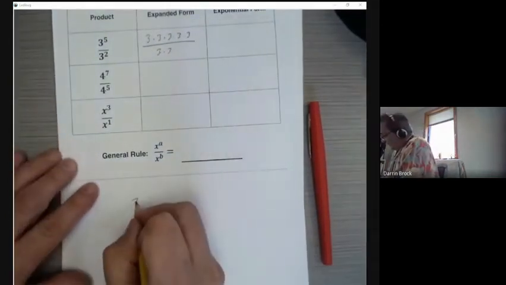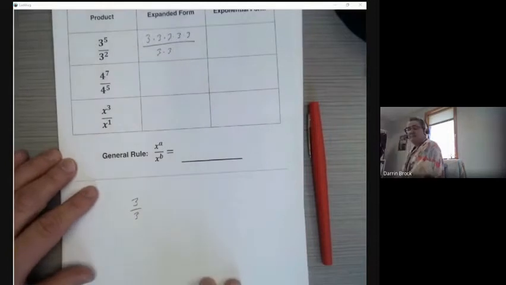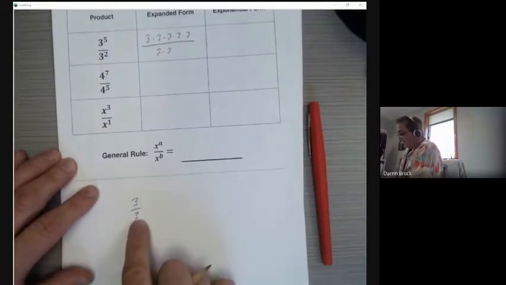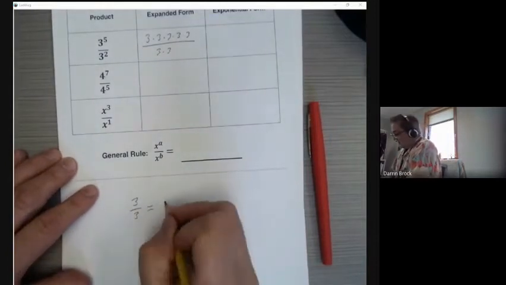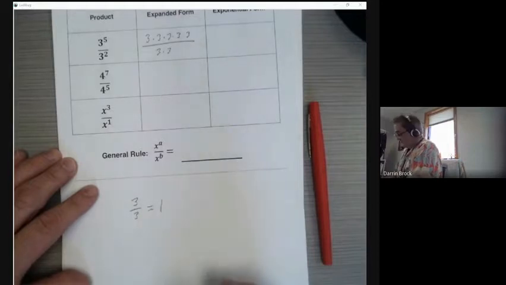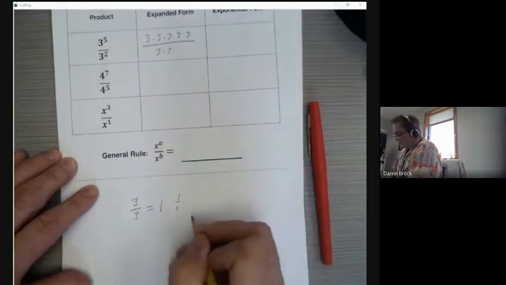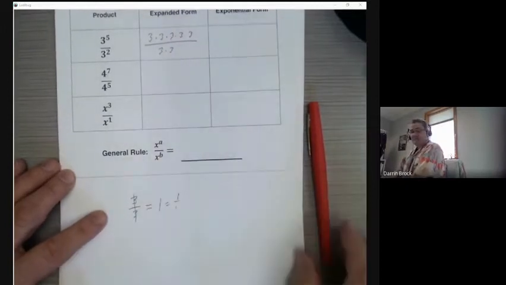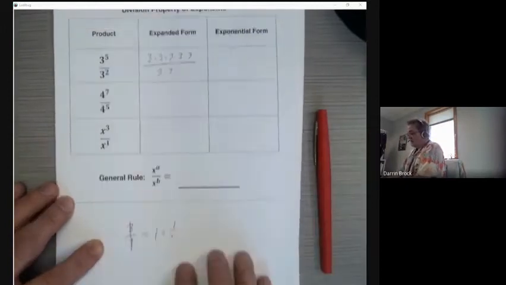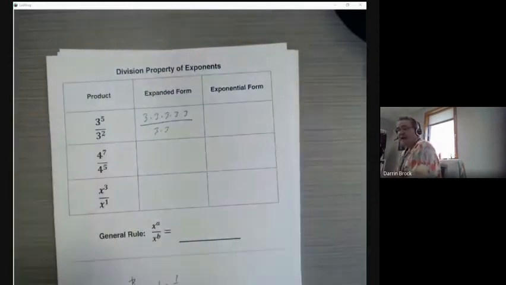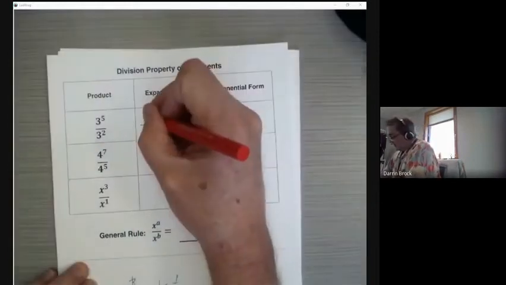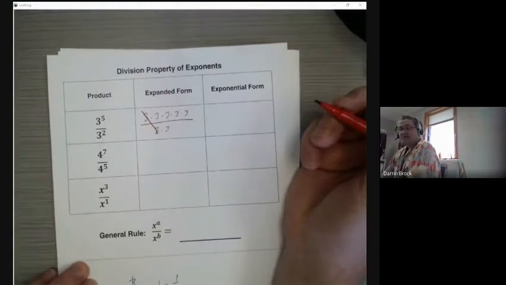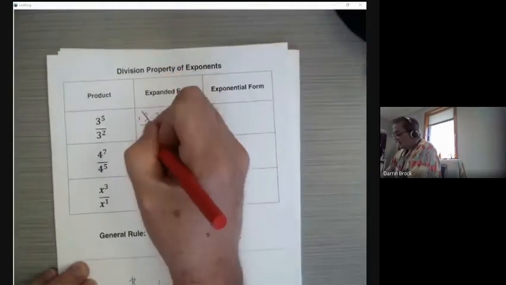If you have 3 divided by 3, well, that's just the same as 1, right? 3 divided by 3, they kind of cancel each other out because 3 divided by 3 is 1. So anytime up here that we have a 3 on top and a 3 on bottom, they cancel each other out. They're just 1. It's just changing them to a 1.